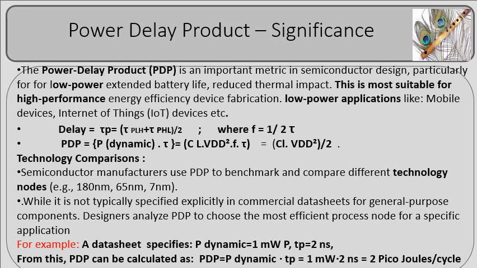This parameter balances a trade-off between delay and power consumption of the gate. PDP is not specified in a commercial datasheet, but can be derived from the datasheet parameters and from characteristic curves. This parameter helps the designer in selecting appropriate lower nanotechnology node devices that meet the delay and power dissipation parameters.